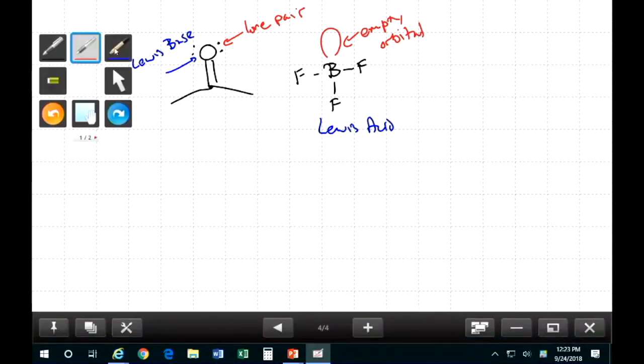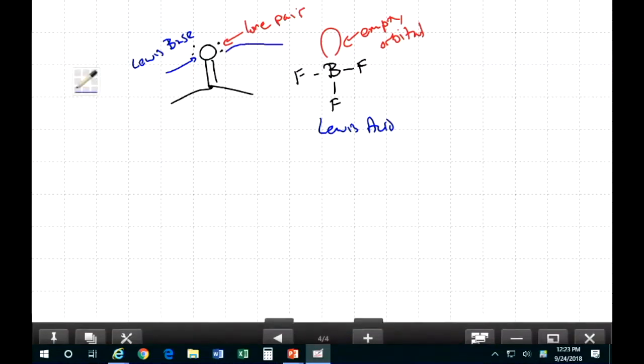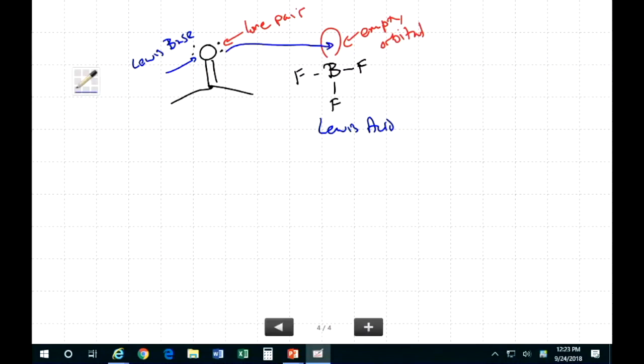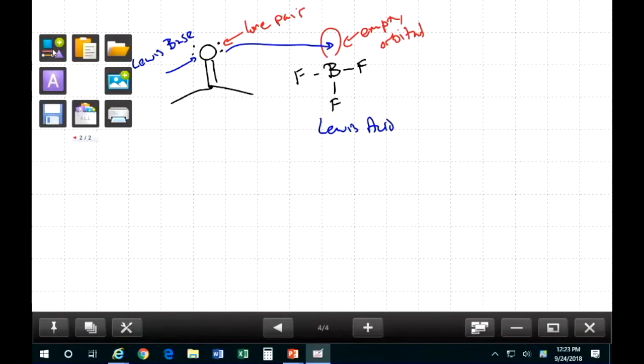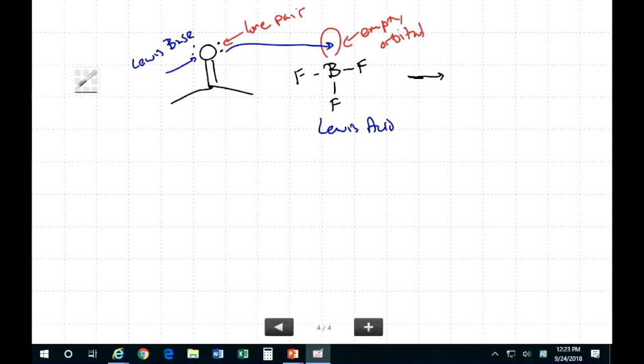So these electrons here go into that orbital, and we make this complex where the oxygen is bonded to the BF3.